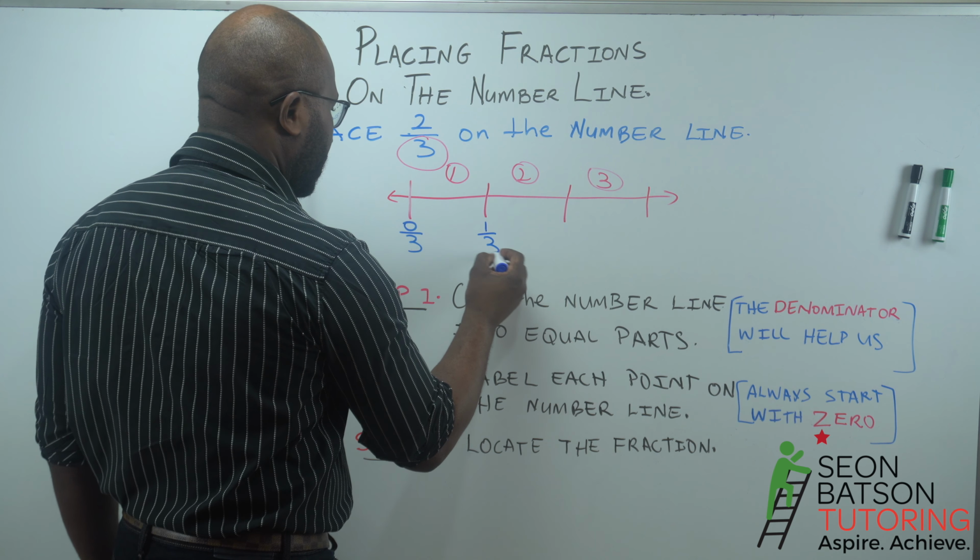You count 1, 2, 3, 4, and 5. See that? Now, remember this fraction here, 5 out of 5 is a whole. Because whenever the numerator and the denominator in a fraction are the same number, that fraction is a whole. So we have successfully labeled each point on the number line.